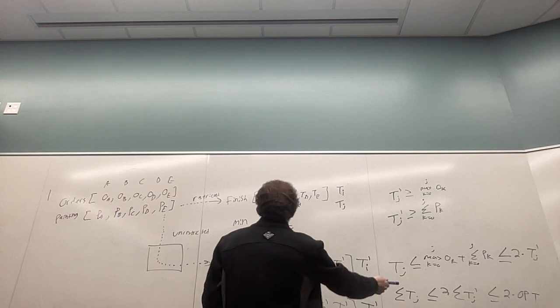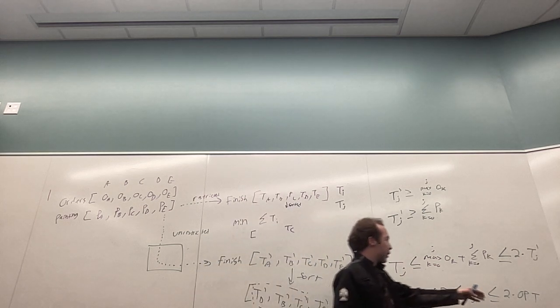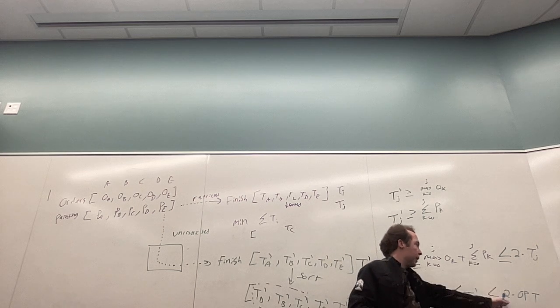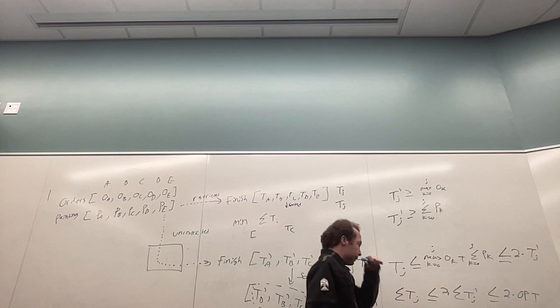Because this was something we had proved at the start: the sum of these has to be less than or equal to 2 times opt.